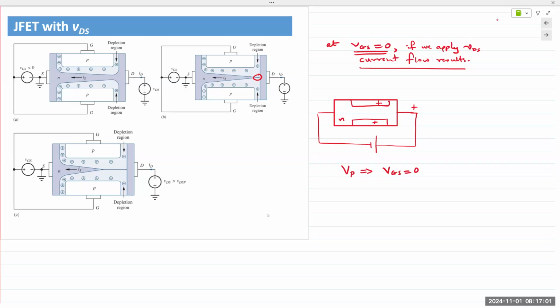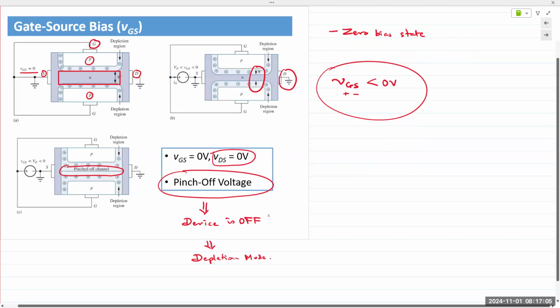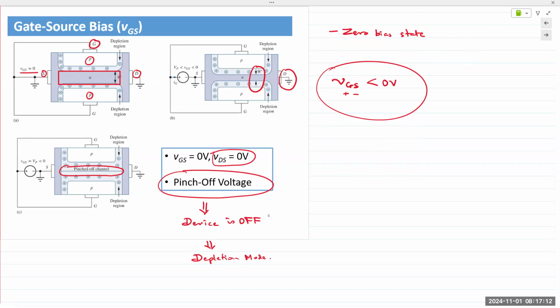So we have VGS, and I believe I did note that here. Last class I noted, we always take the voltage VGS, meaning the positive reference is at the gate, negative is at the source. And hence we say VGS is negative. Obviously, going back to circuits 1, VGS is the same as VSG, except with a minus sign, right? So if you apply a negative voltage at VGS, it means it's positive voltage at VSG.